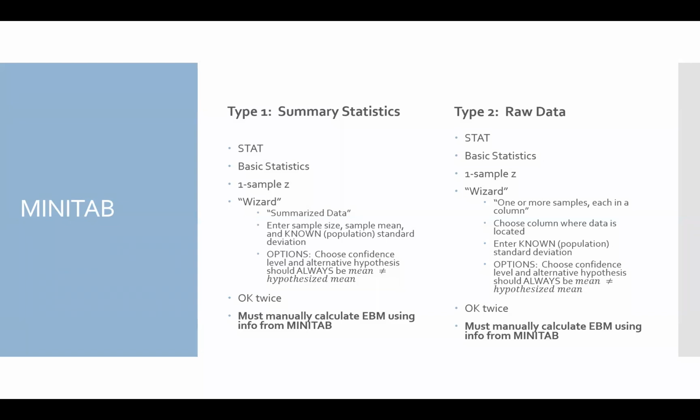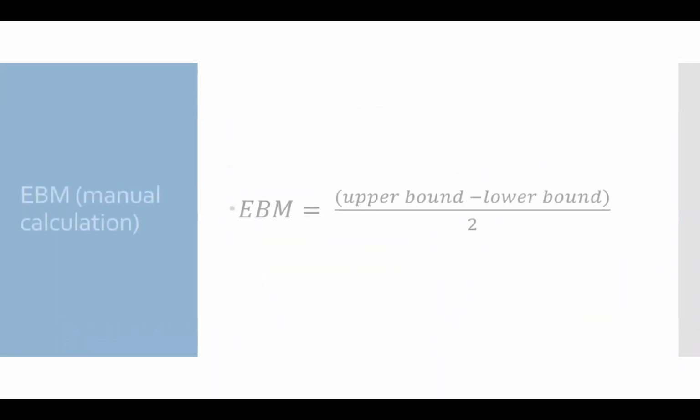That, again, is one of the few calculations that you will have to do manually using a calculator. It's a formula, so you're going to basically plug and chug into the formula. I believe the formula is on the next slide. The formula for the error bound for the population mean is the upper bound, your maximum, minus the lower bound, which is your minimum.